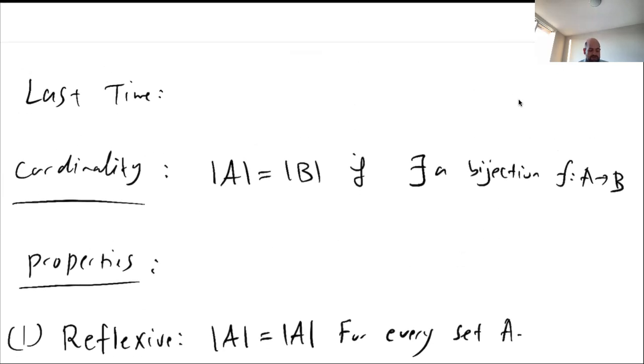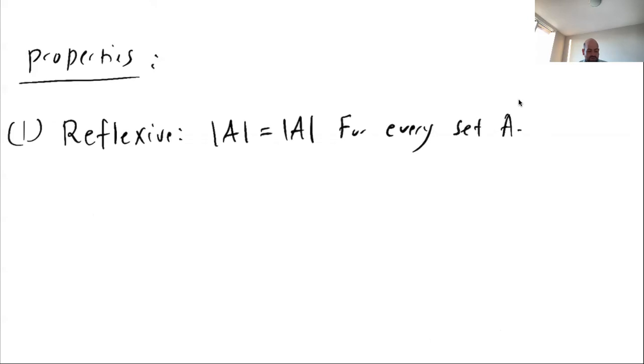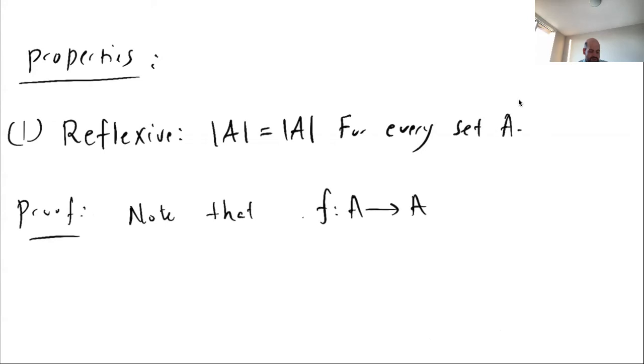Now, the definition says two sets have equal cardinality if there is a bijection between them. So what would be the bijection between A and itself? If you want to prove this, note that f from A to A, f of x equals x. How would you define a bijection between a set and itself?